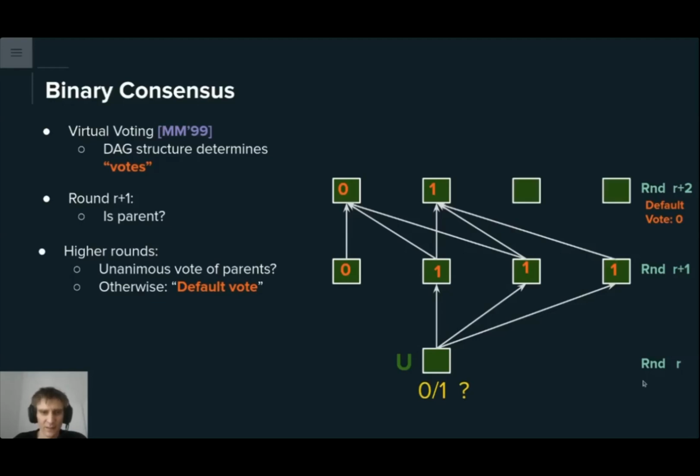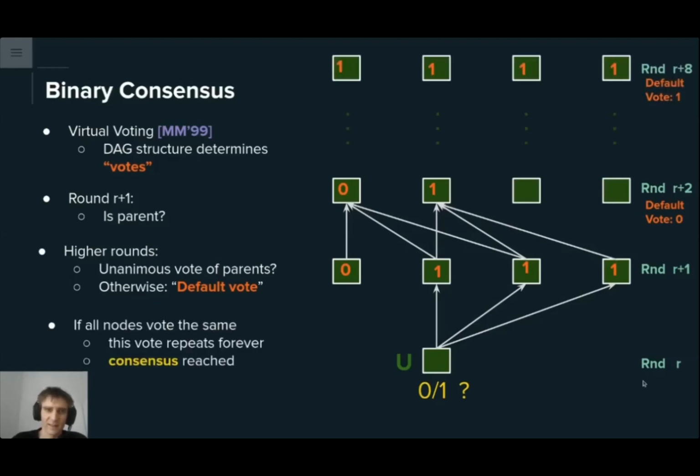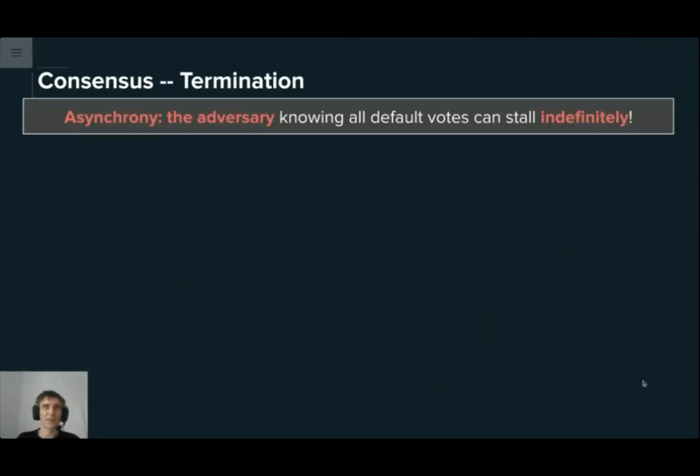Great. So there is a very nice property of this voting scheme: once all the units vote 1 or all the units vote 0 at a particular round, then this will continue forever. Meaning that we have reached a consensus. The only question is when this happens.